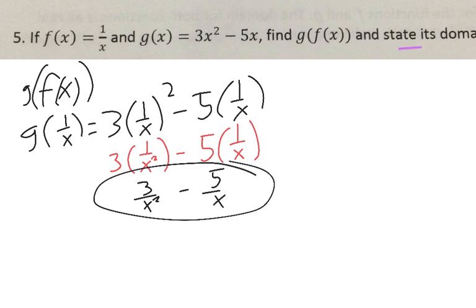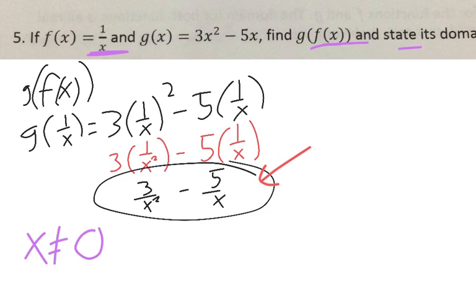Now, domain. What's the domain of the inside? The domain of f. That's it. We could have a divide by 0 error, so we set the denominator and say it can't be equal to 0. For g, we don't have a square root of a negative problem, because there's no radical. But could we divide by 0 again here?